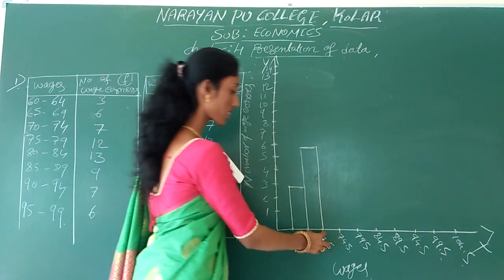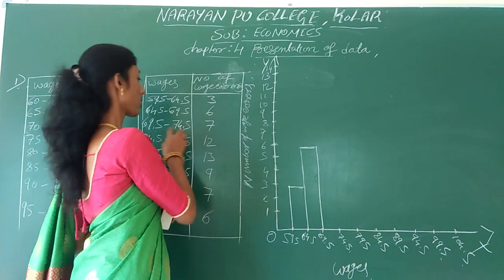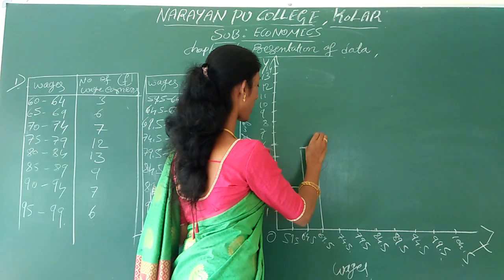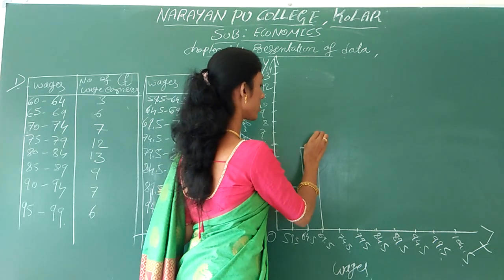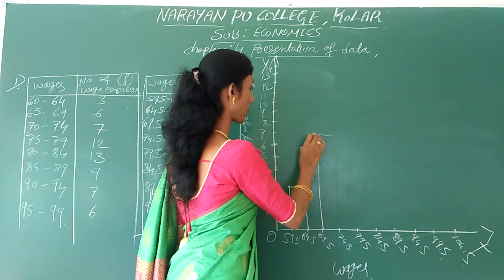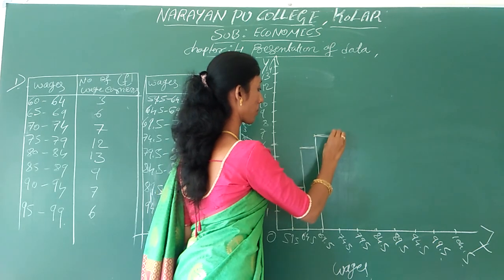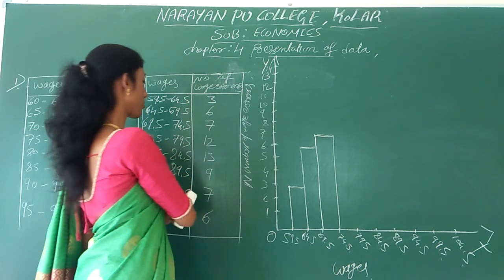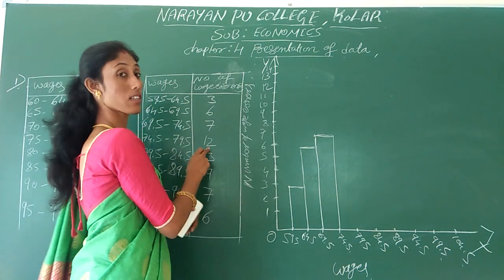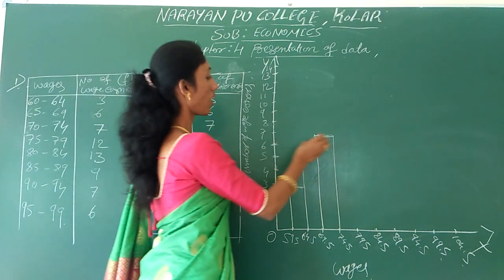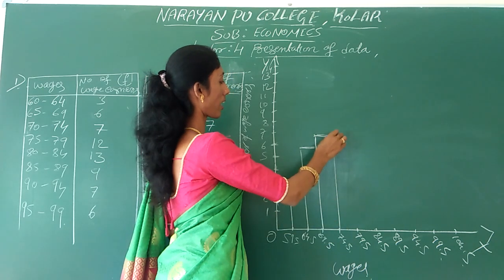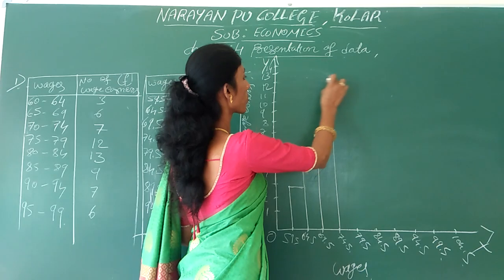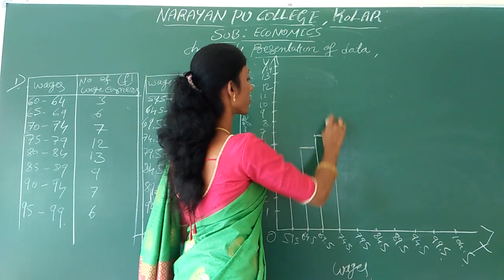Then from 69.5 to 74.5 is 7 members. Now extend this line up to 7. Add it to the 74.5. And from 74.5 to 79.5 is 12 members. Now again this 74.5 line can be extended up to 12.